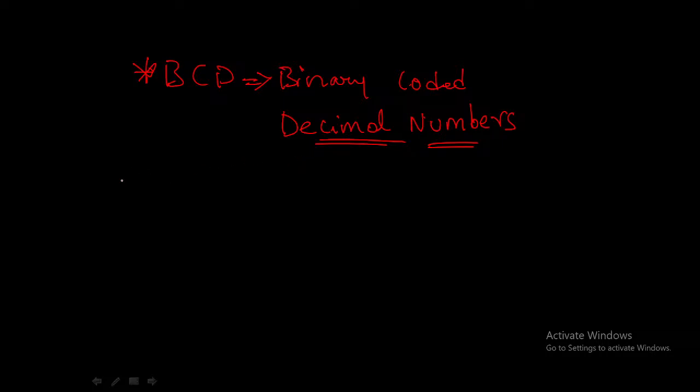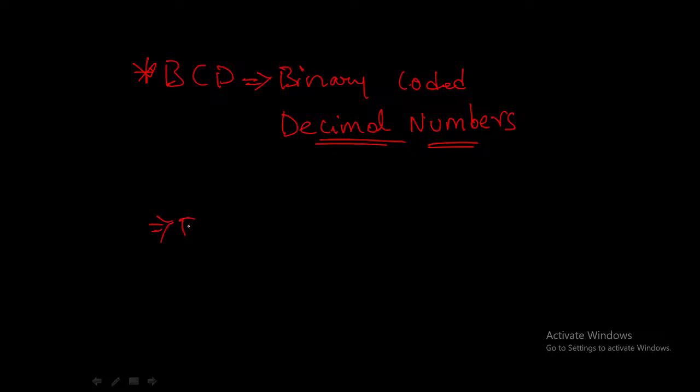The BCD equivalent of a decimal number is written by replacing each decimal digit in the integer and fractional part with its 4-bit binary equivalent.